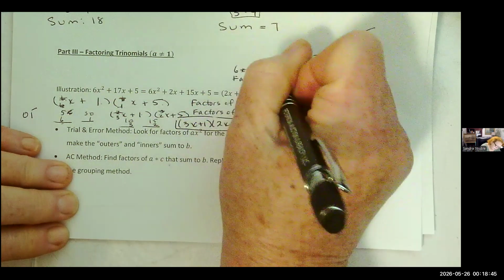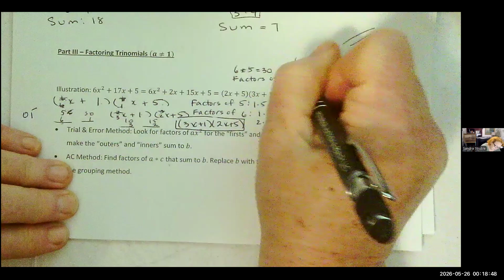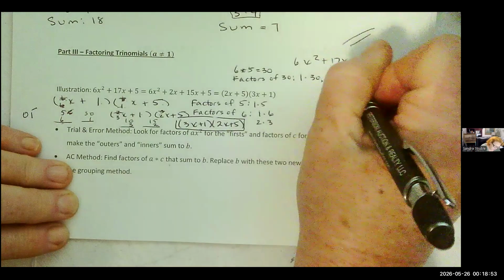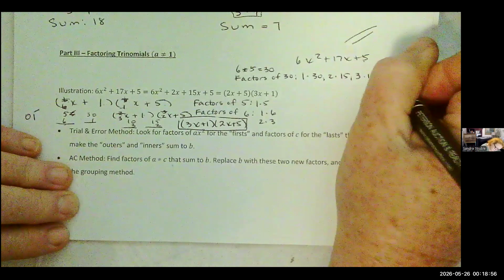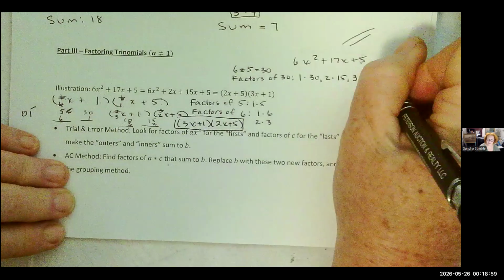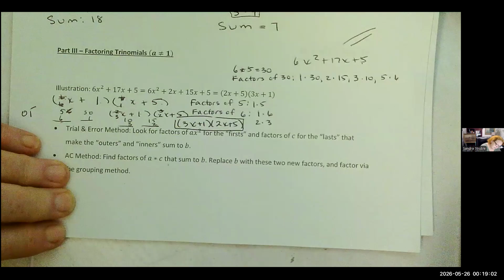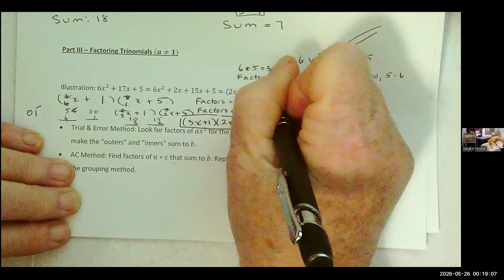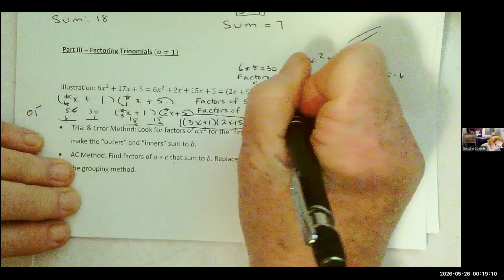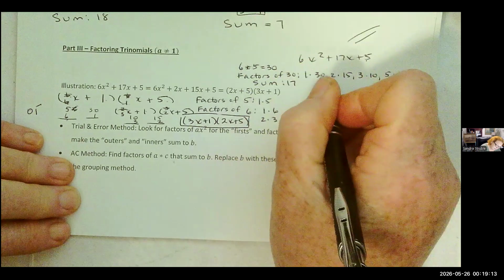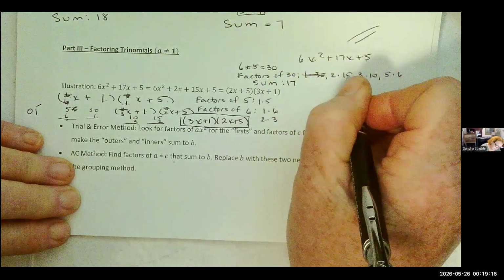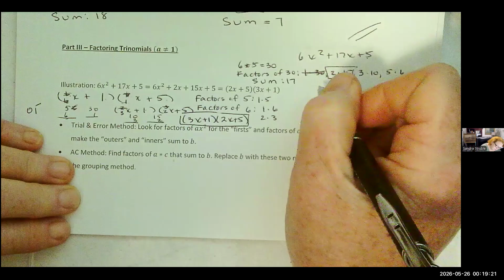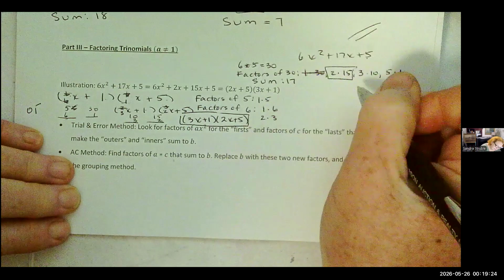And those are 1 times 30, 2 times 15, 3 times 10. Is 4 going to go in? Nope. 5 times 6. All right. Now, I think this is an easier method. Then we need to find the sum of these numbers to give us 17. 1 plus 30 is 31. Nope, that's not going to work. 2 plus 15 is 17. There it is. So now we're just going to replace the 17 with 2 and 15.